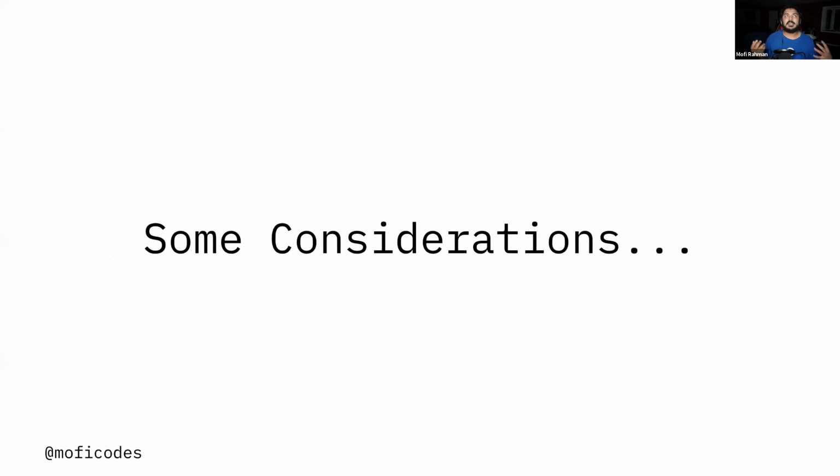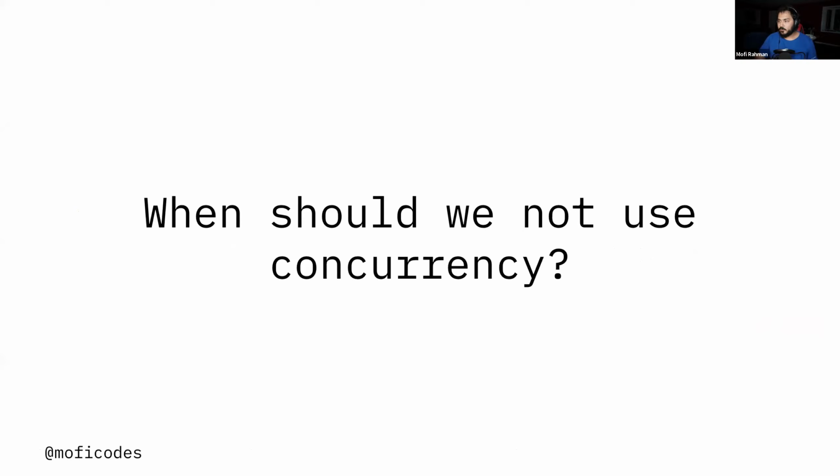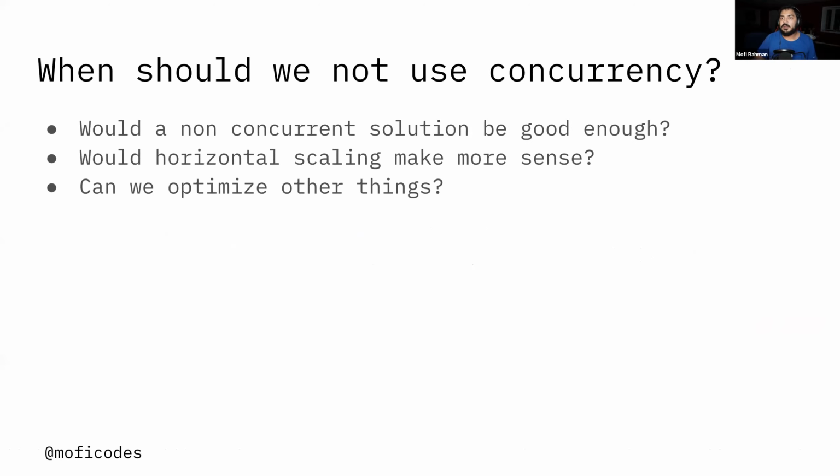If you're interested in using concurrency in Golang, Golang definitely makes concurrency a much easier thing to get into for most people if you're coming from other languages. But a few things: when should we not use concurrency, right? That's a big thing, because everybody in the Go community keeps saying Go is great for concurrency, but I'm going to try to convince you there are cases when you probably don't want to use concurrency.